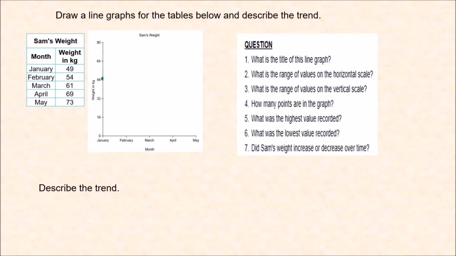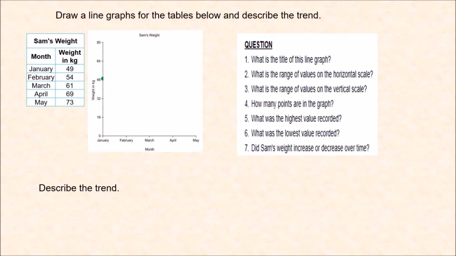Here is another example. Try it on your graph paper. Pause this video and continue when you are done to check your work. Let's check your work. On the x-axis, we should have the time in months, and on the y-axis is the weight of Sam in each month.